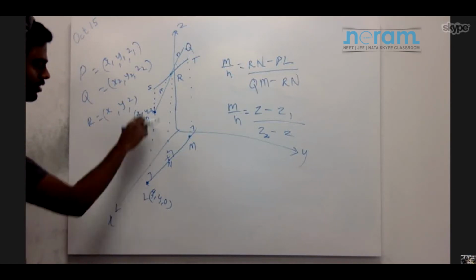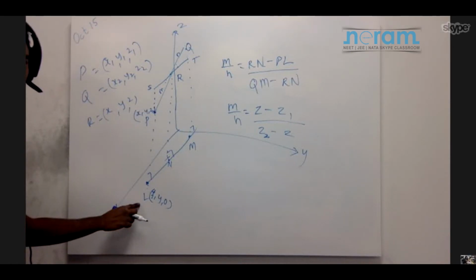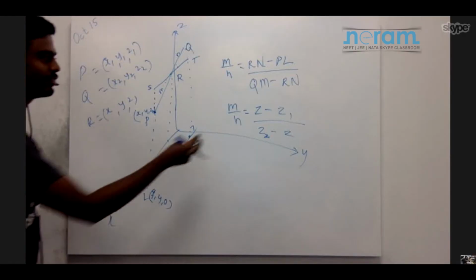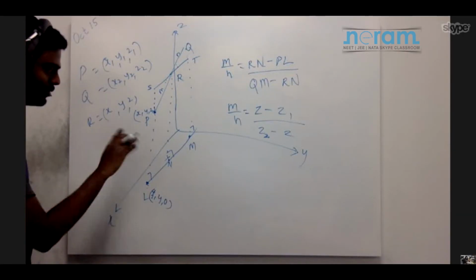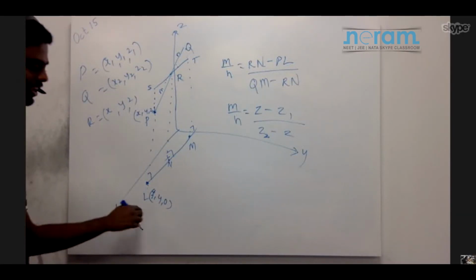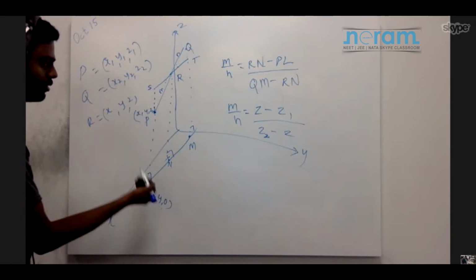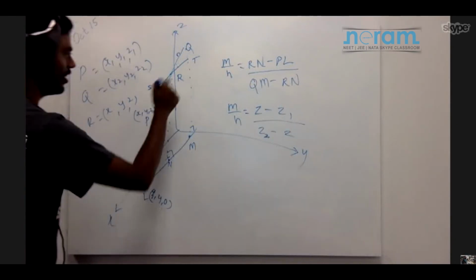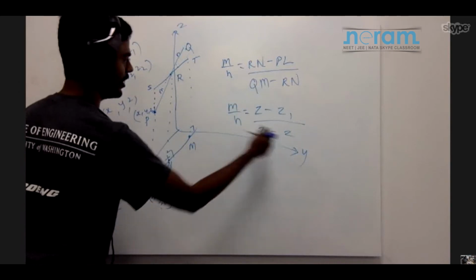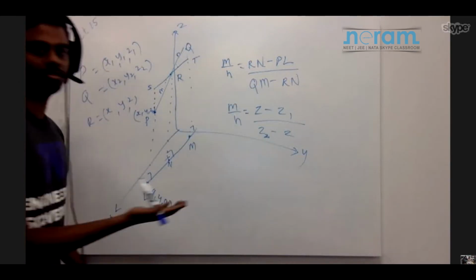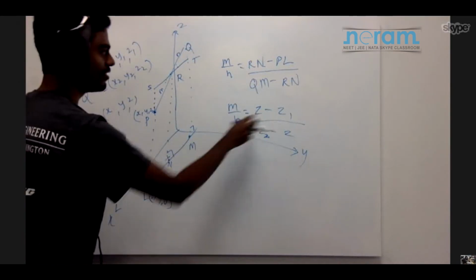So what is this length? It will be z1, because x1 y1 are the same value, only z1 changes, so that's why this is z1. Similarly the value of r is z, and then the value of q is z2.